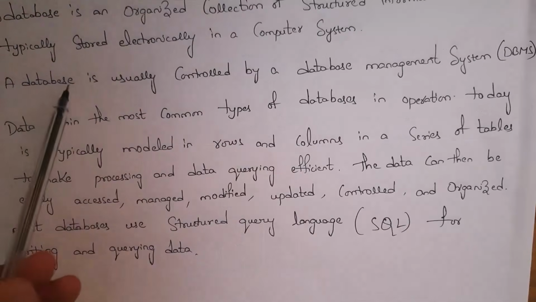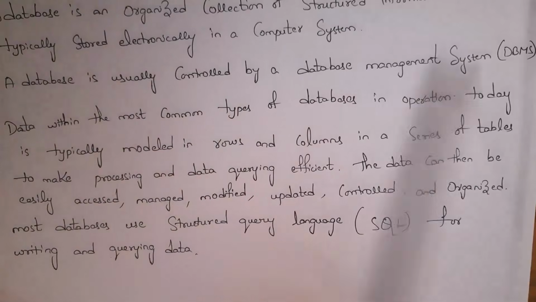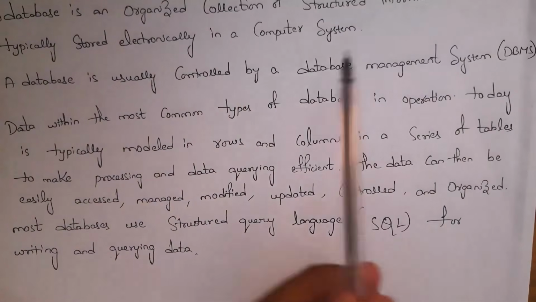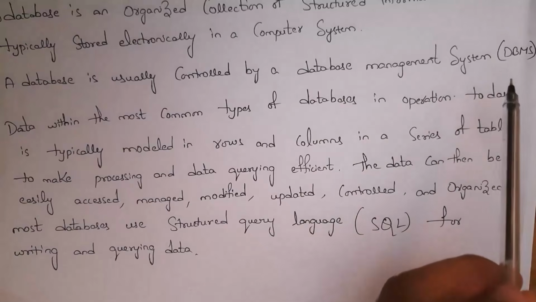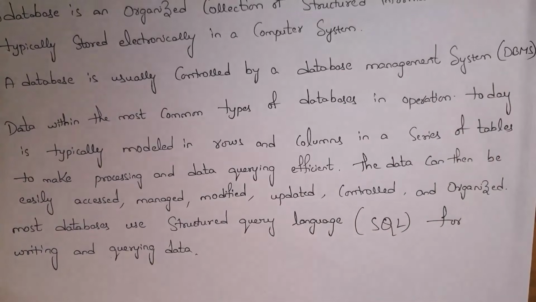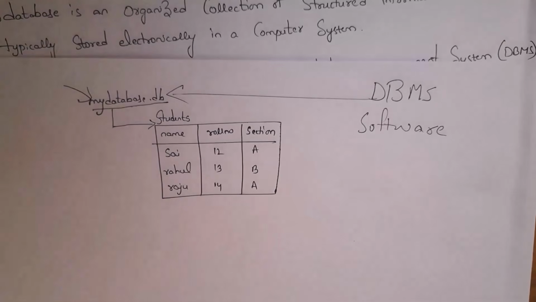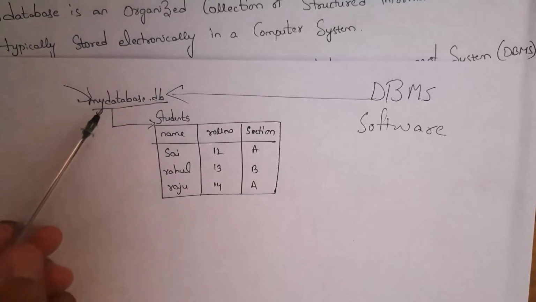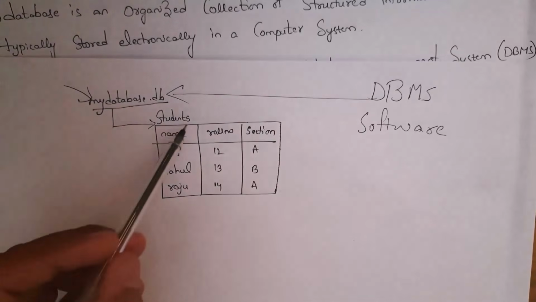A database is usually controlled by a database management system. This database management system is software, and by using this software we can create a database and we can perform various operations on the database. For example, I want to create a database with the name mydatabase, and inside this database I want to insert a students table.